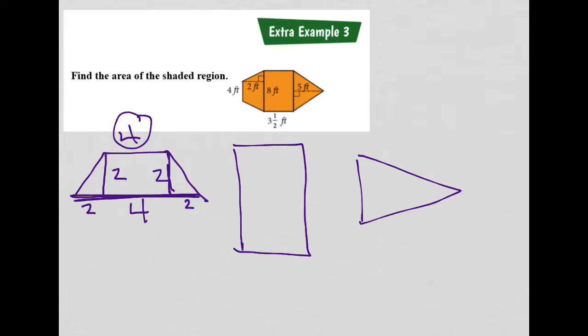So now I'm going to fill in everything else. Because I now have enough information to go ahead and find the area of each figure. So, let's start off with the trapezoid that we broke down into 2 triangles and a rectangle.